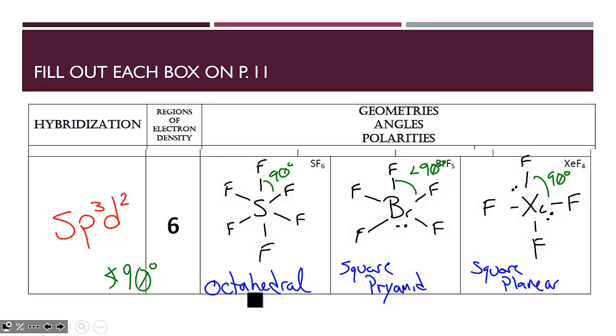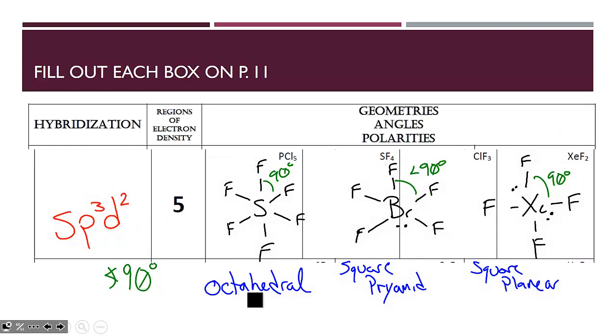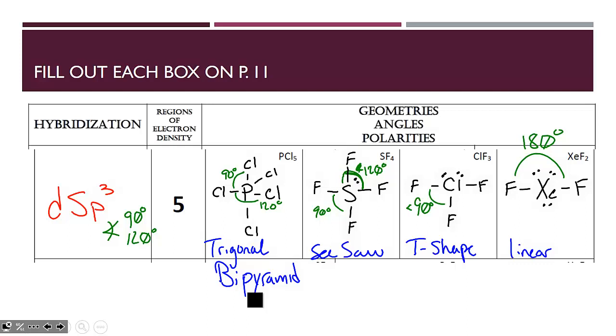If you're ever asked to explain why bromine pentafluoride and phosphorus pentafluoride have different bond angles, you could say they're different shapes because they have different hybridizations. Hybridizations are a valid explanation for a shape and changing bond angles.